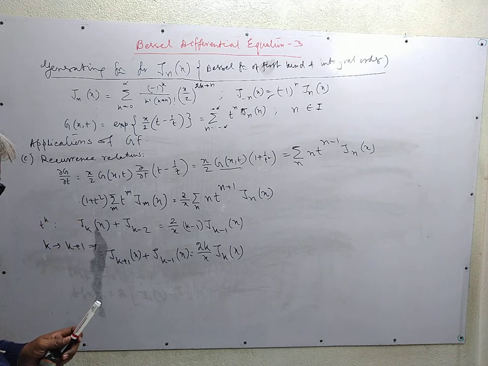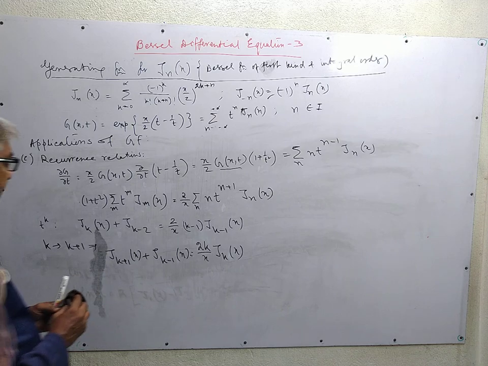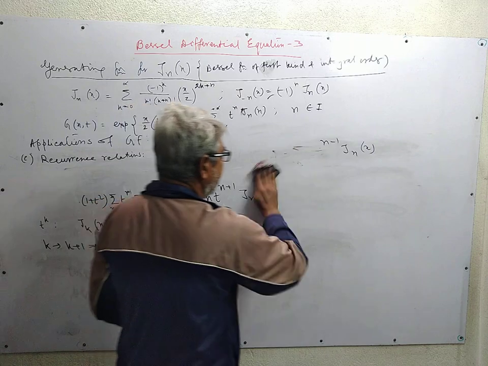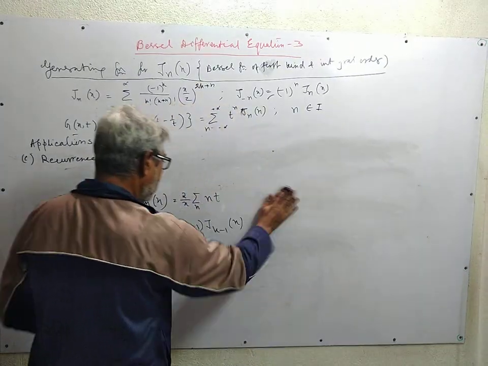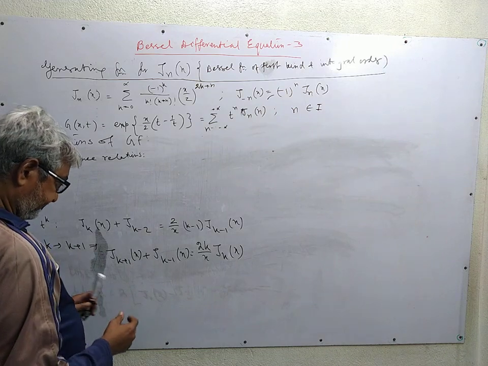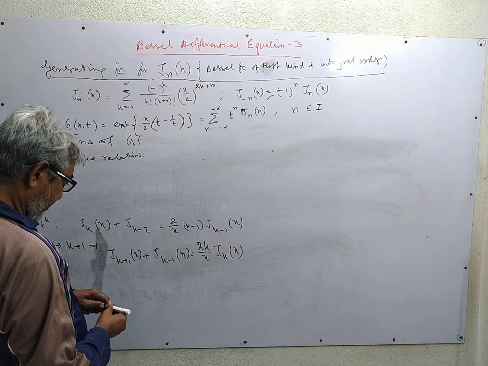Before going to the other recurrence relation, I want to apply this for the evaluation of a few low order Bessel functions. So we put firstly k is equal to 0.